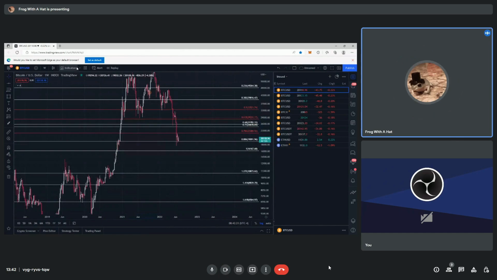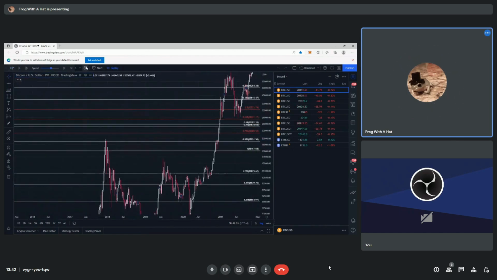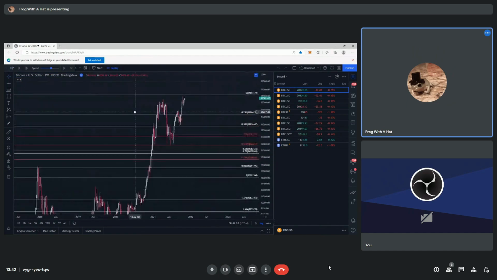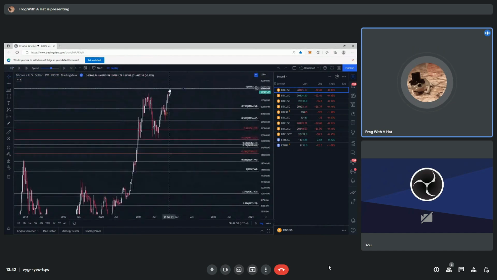Let's go a little bit back here. So let's say we're at November 8th, 2021. We started a Fibonacci from here to here. Let's assume this is the top. We know that this is the top, and now the candles are going to start retracing. This is the whole point of the Fibonacci.